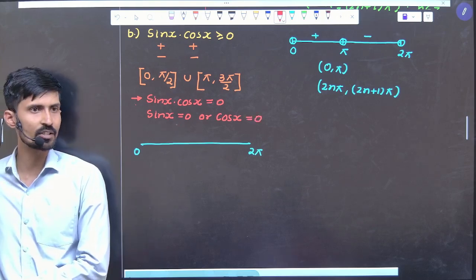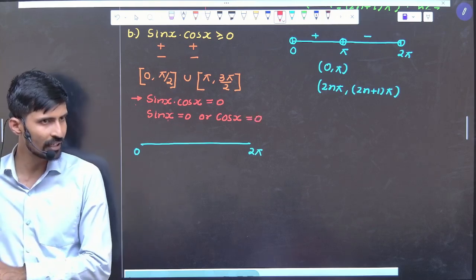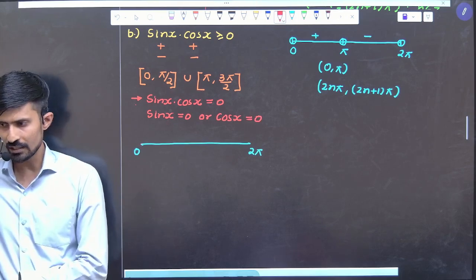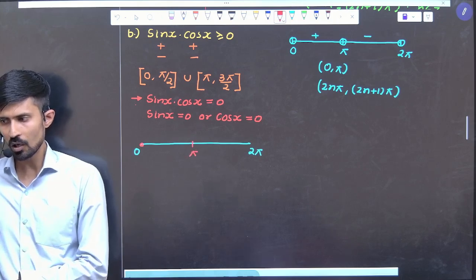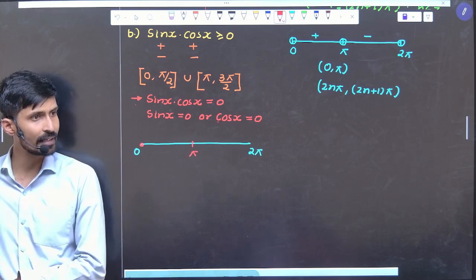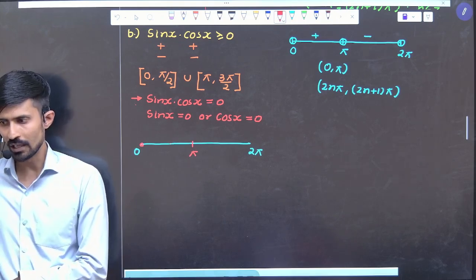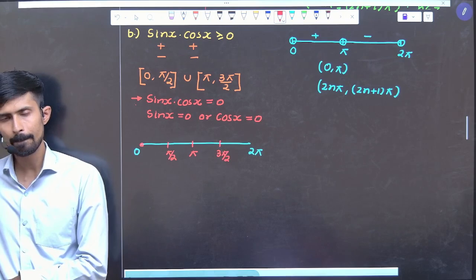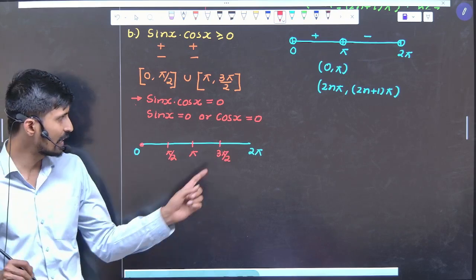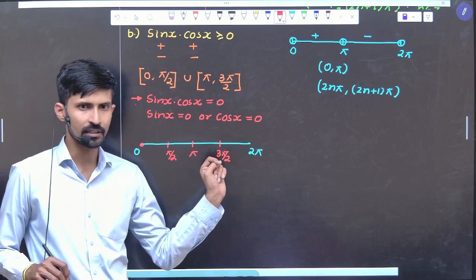Now sin x is equal to 0: 0 and 180 degrees. So 0 is here, 180 is here. Now cos x is equal to 0: 90 and 270. So 90 will be here and 270 will be here. Now take any angle from 270 to 360, the fourth quadrant.